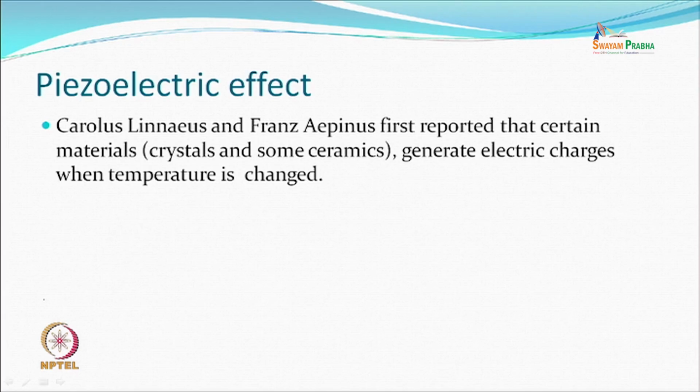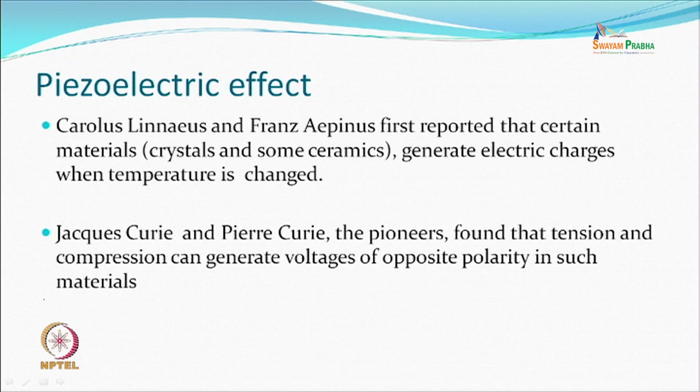These are people noticing things happening. Then two brothers, Jacques Curie and Pierre Curie, known as the pioneers, found that tension or compression can generate voltages of opposite polarity in such materials. Some polarity is generated when you pull, and the opposite polarity is generated when you compress.